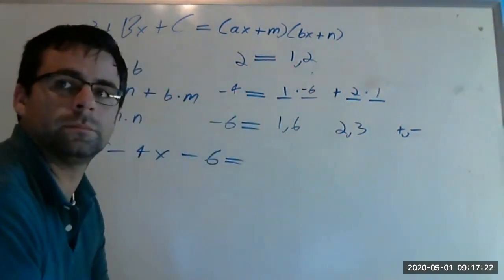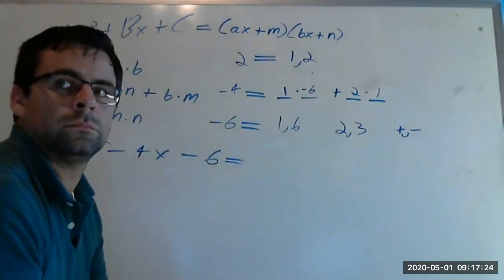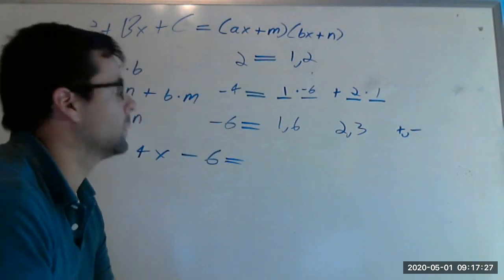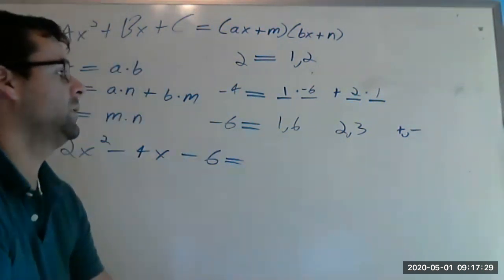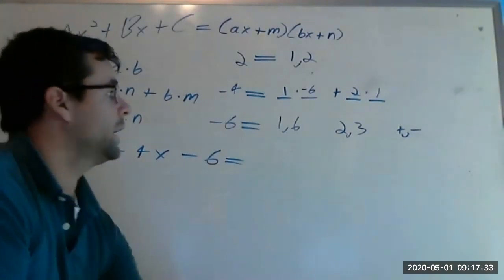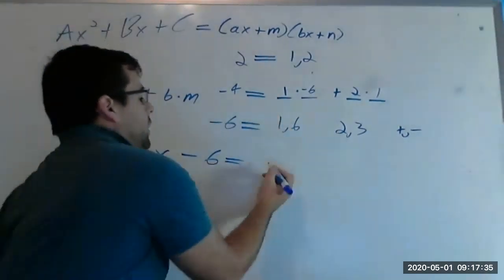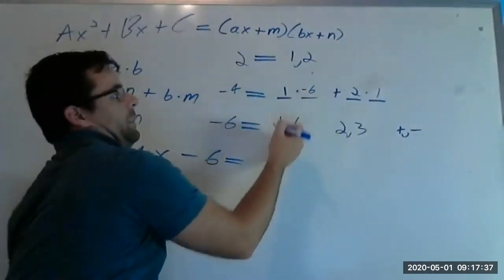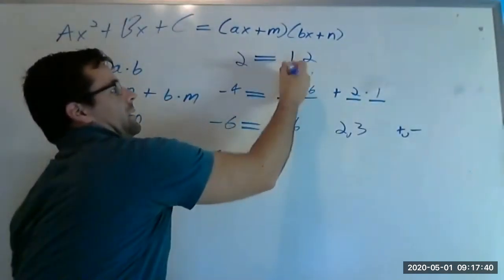Right? Okay, what's -6 plus 2? -4. So that means that this is correct.